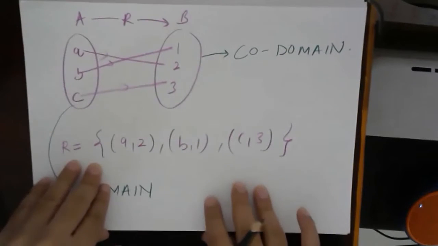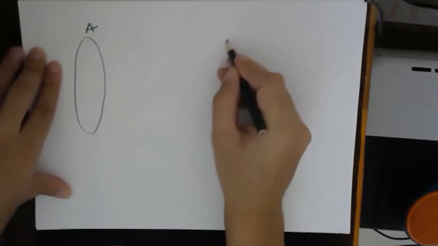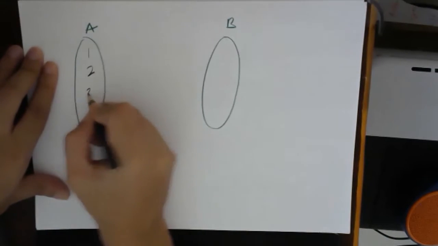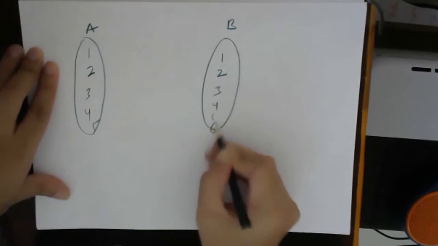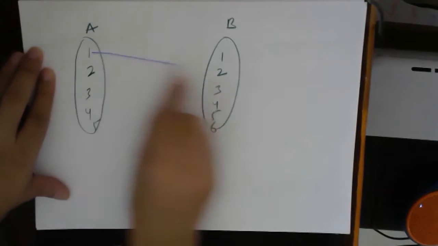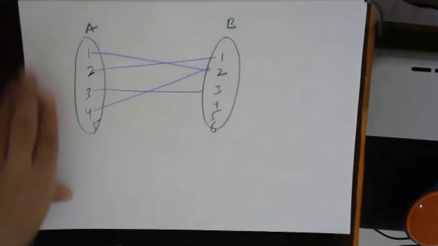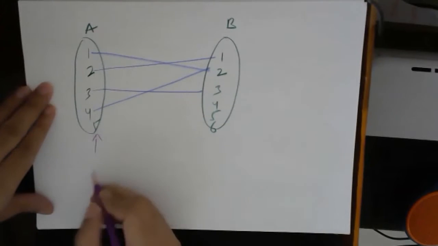Now I will give you one more example. Suppose you have A as domain and B as codomain. A has 1, 2, 3, 4, 5, and B has 1, 2, 3, 4, 5, and 6. I'll first draw the relation and link some elements. We already defined that this is called the domain.